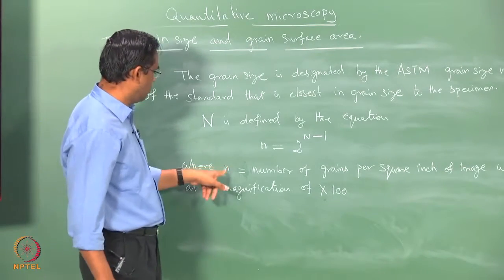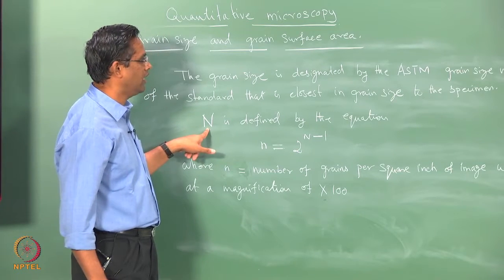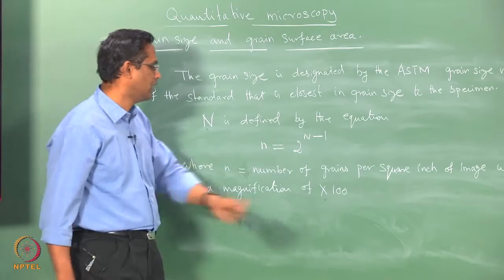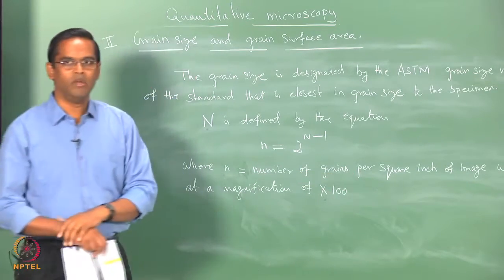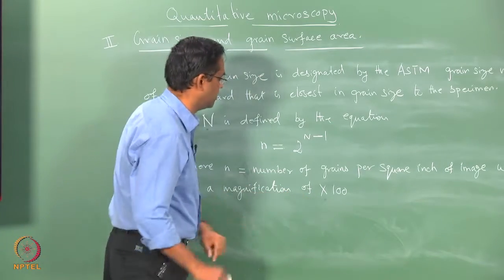So, small n, and there is a capital N. Only capital N is called the ASTM grain size number. Small n is the number of grains per square inch of an image when you look at 100 times the magnification.